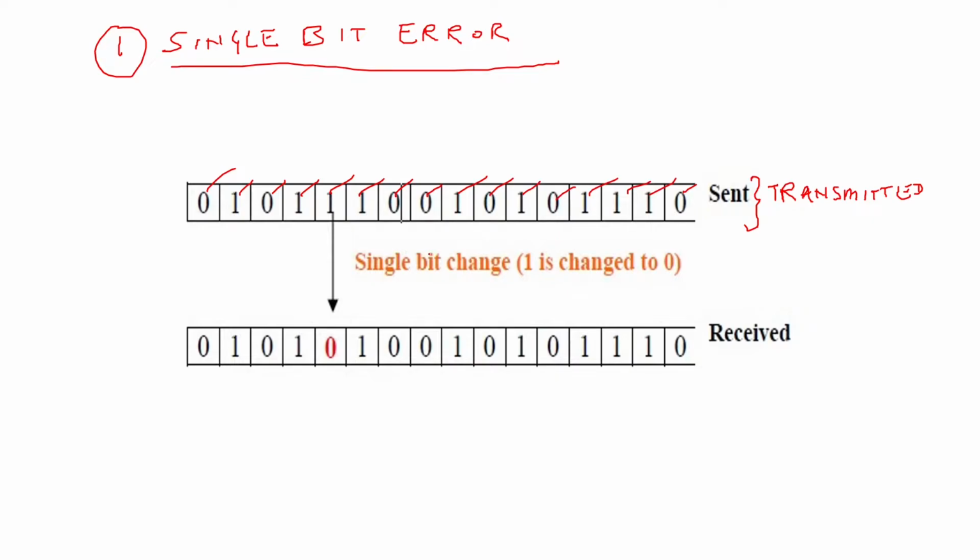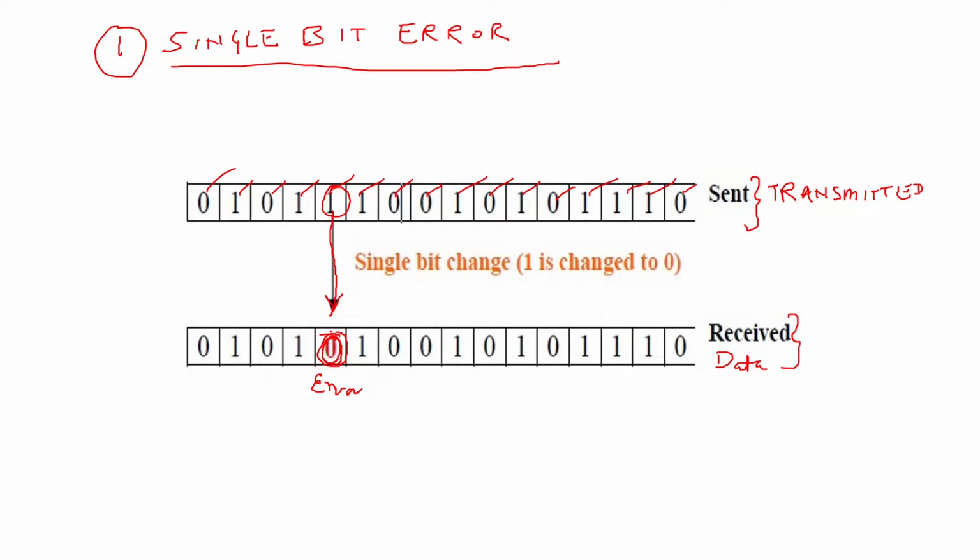After receiving, you have noticed that the fifth bit has been received as 0. This is an error. This is your received signal, your received data, and in that received data you have seen that one bit has changed from 1 to 0. While receiving, it has been received that way because of noise, distortion, error.